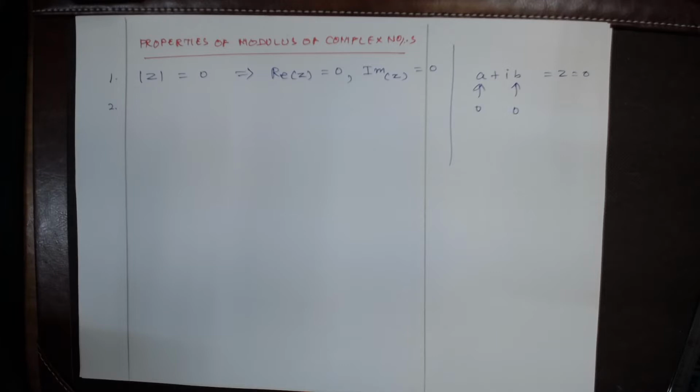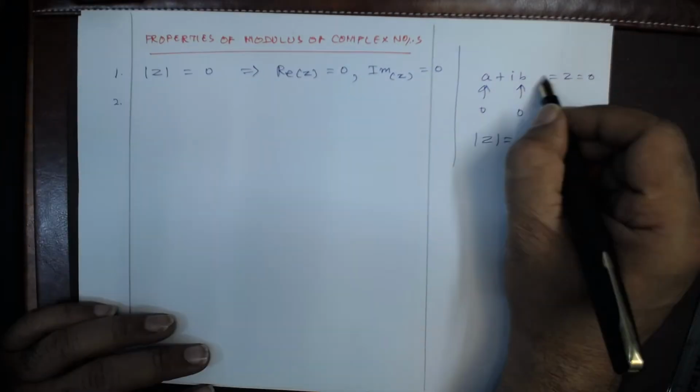What do you mean by modulus of z? Modulus of z is nothing but the square root of a squared plus b squared.